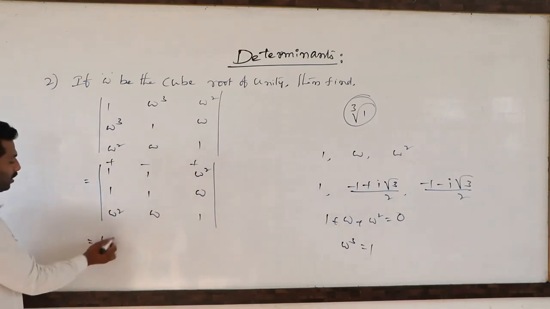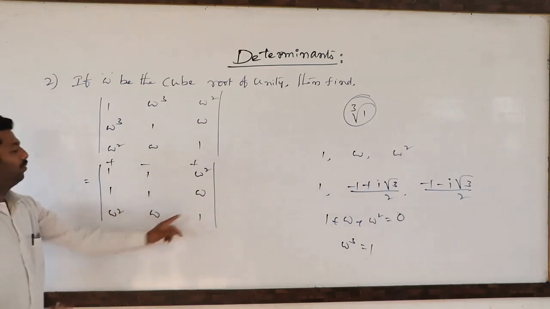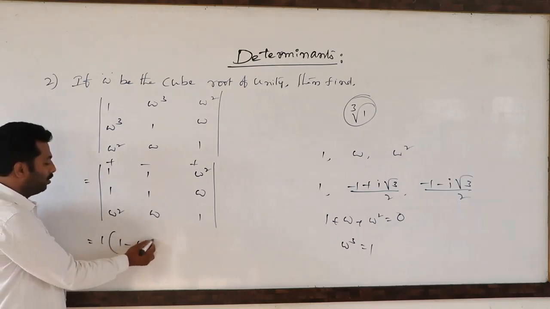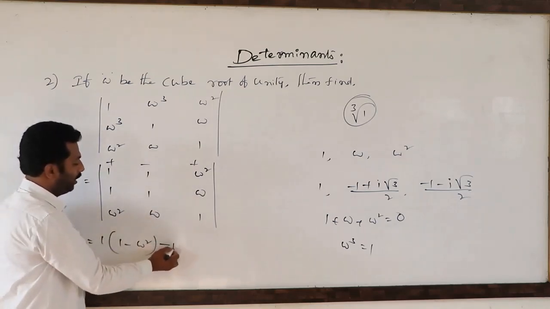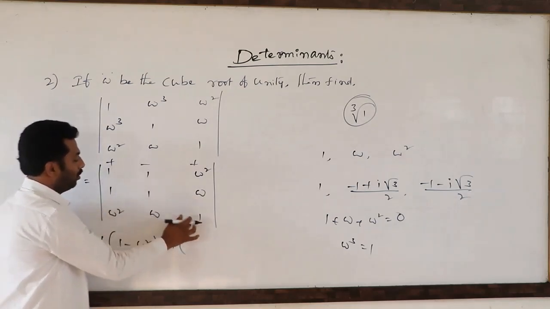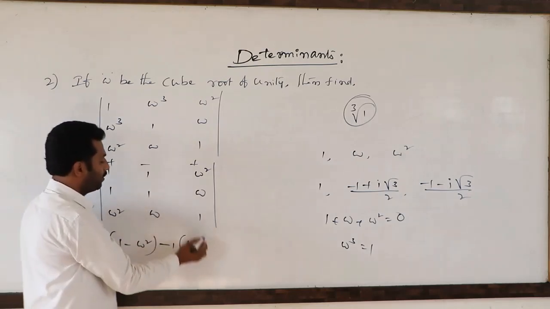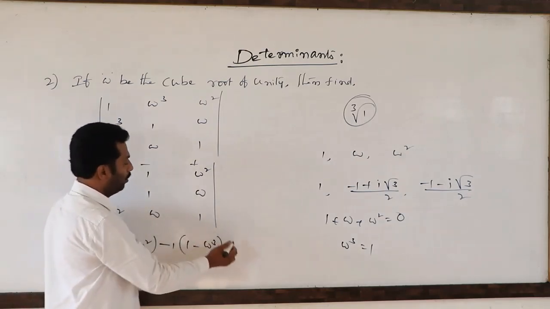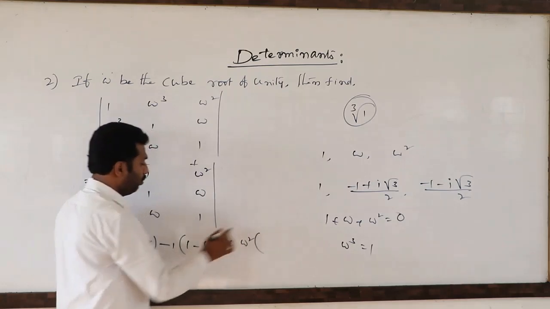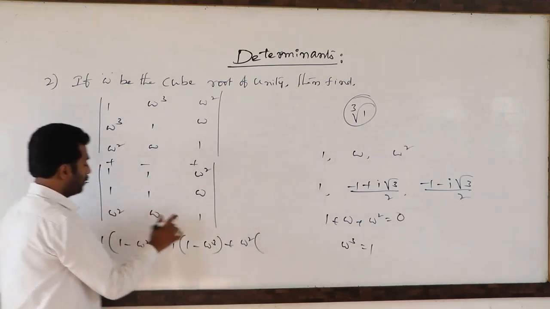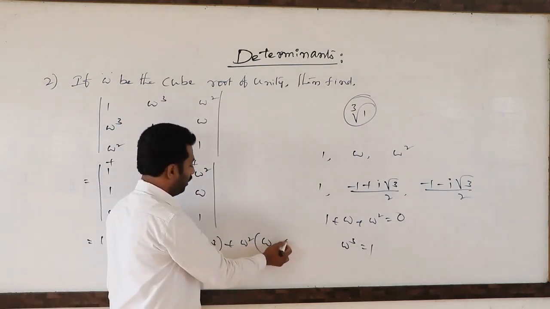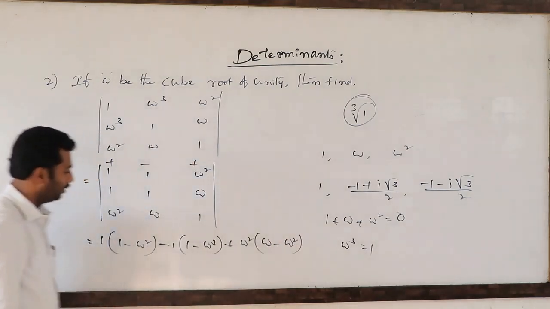So this is 1 into (1 minus omega square) minus 1 into (1 minus omega cube) plus omega square into (omega minus omega square).